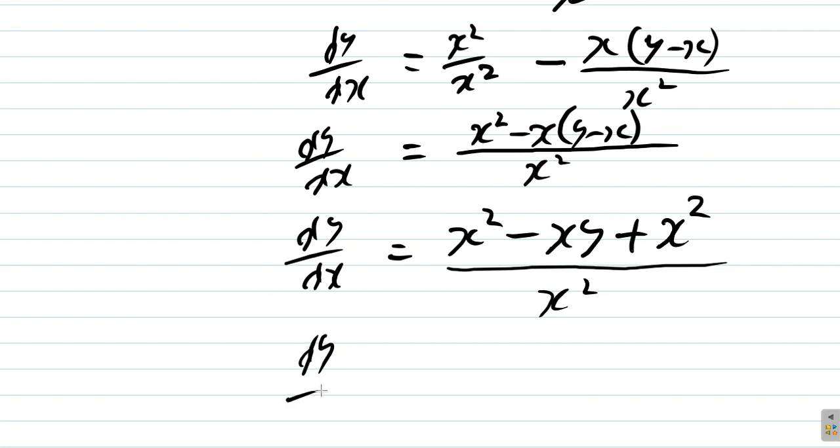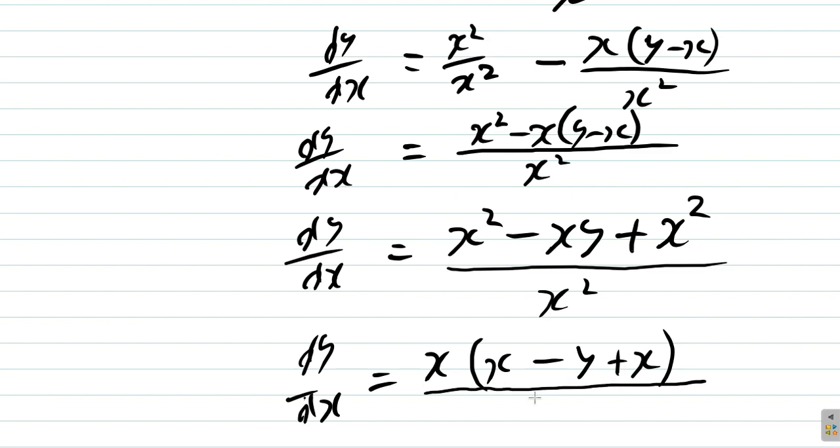Now we continue. dy by dx equals. Let's factor out the x. Remember, x is a common factor. We have x here, and x here. So let's factor that out. We have x outside the bracket, and we have x minus y plus x. We just divide everything by x over x squared.